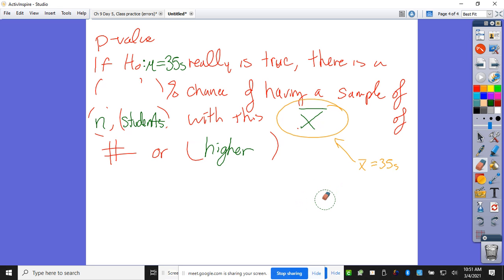What would our test statistic be? This is a very easy answer. It's just getting to the point of thinking the right way. Why is it 0? So if this is the same as this, then this is what? 0. Doesn't matter what's on the bottom.